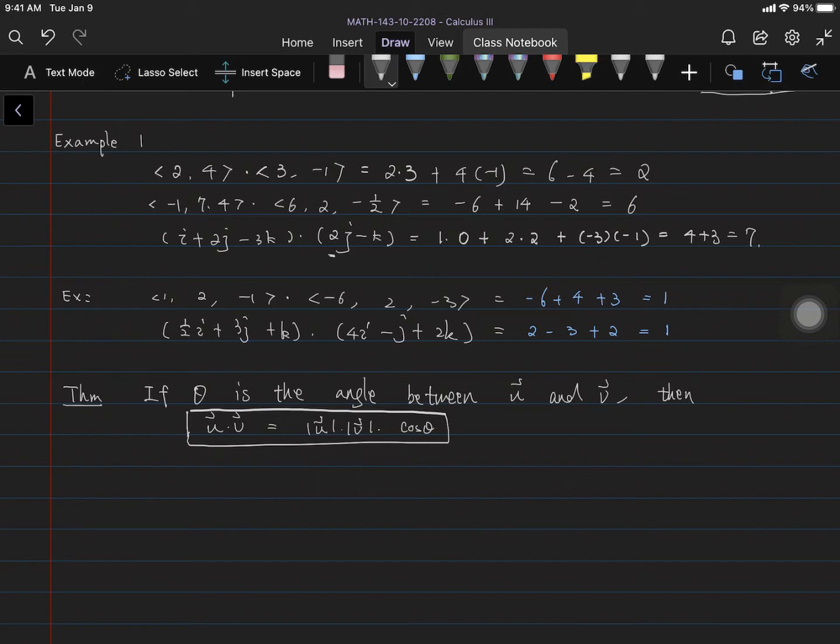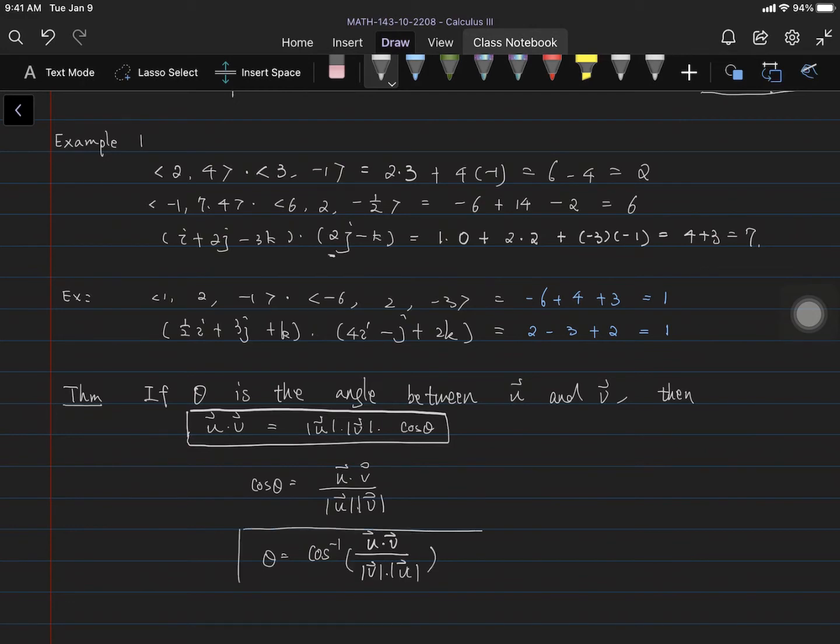And then by using this formula, we can solve for theta, right? If we solve for cosine theta, it is u dot v divided by the length of u times the length of v. Theta is the inverse function of cosine of u dot v over the product of the lengths.